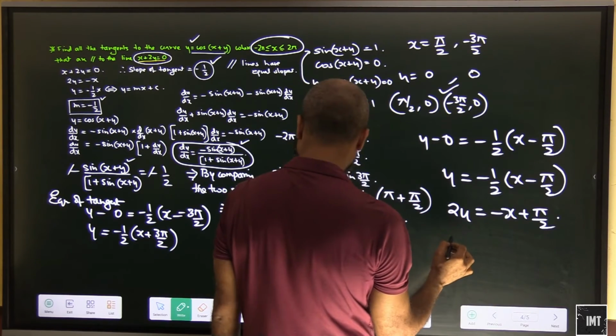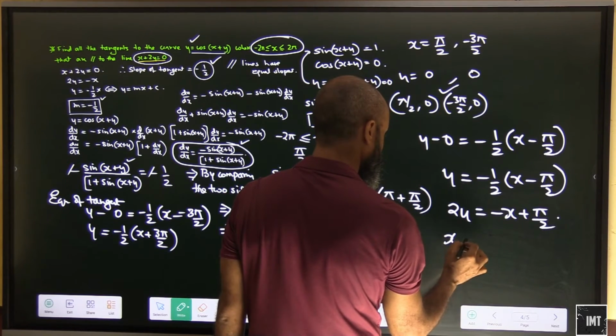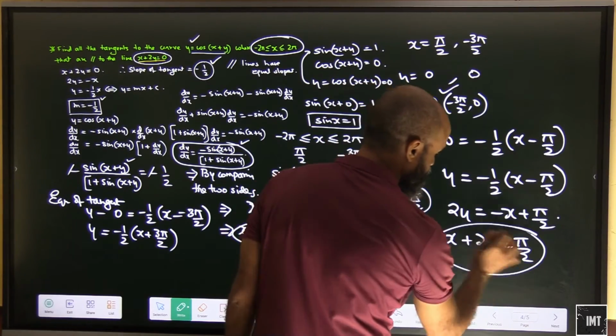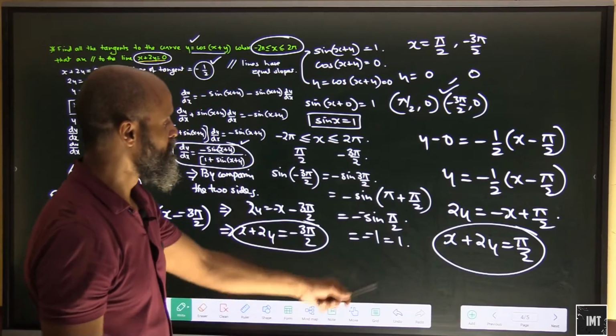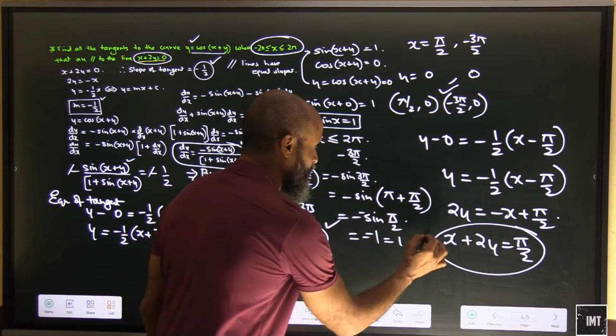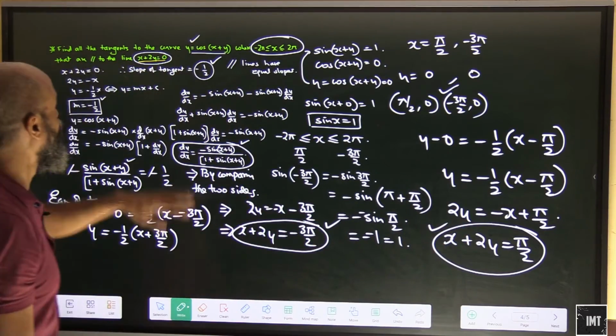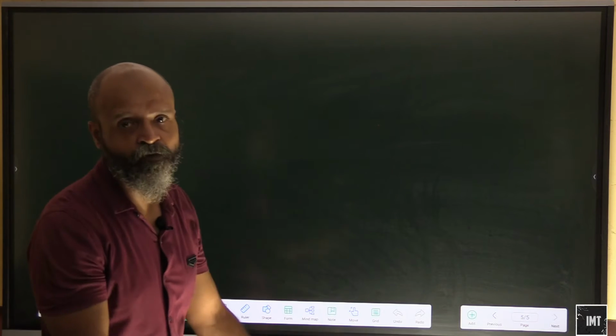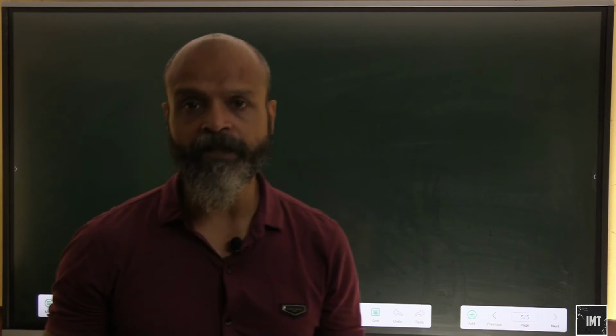So this will be x plus 2y is equal to pi by 2. So these are basically the two equations for the tangents which are fulfilling the given conditions here. So we will continue with more problems out here.